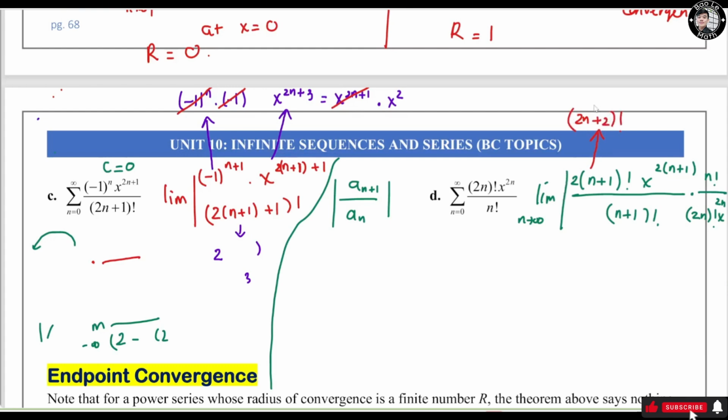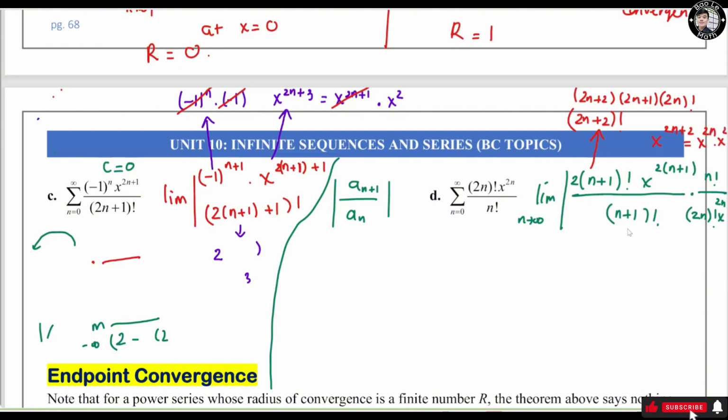So (2n plus 2) factorial is going to be 2n plus 2 times 2n plus 1 times 2n factorial. Now this is going to be s raised to the 2n plus 2, and it turns out to be s raised to the 2n times s squared.